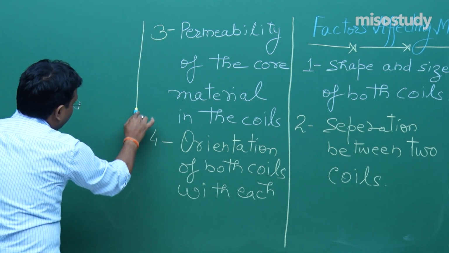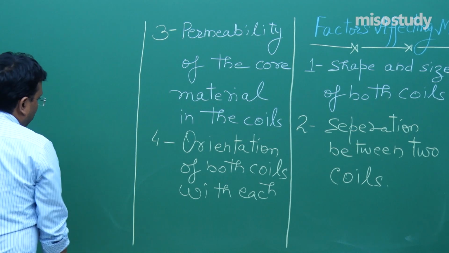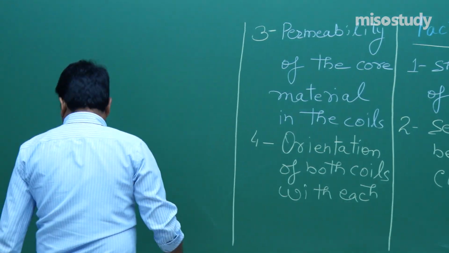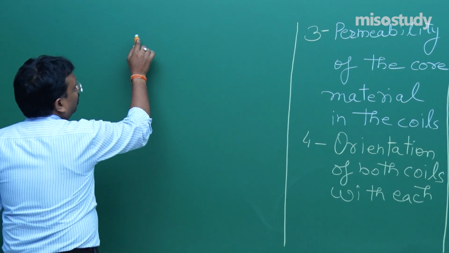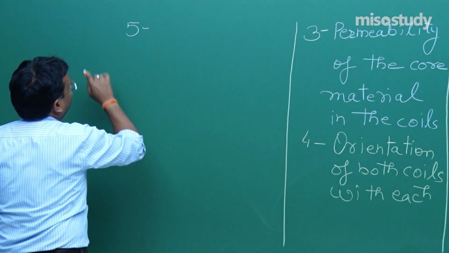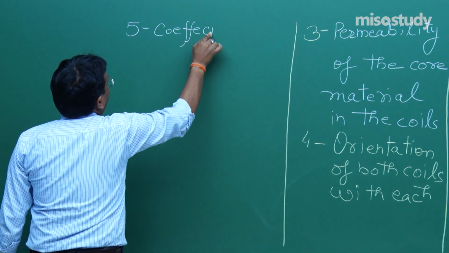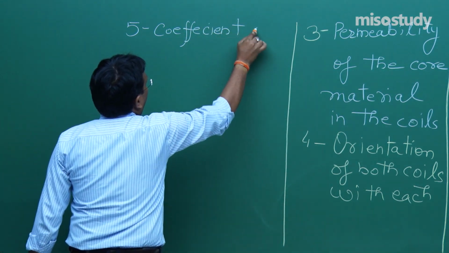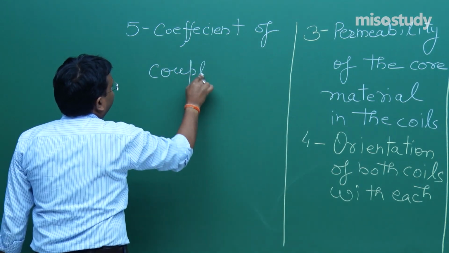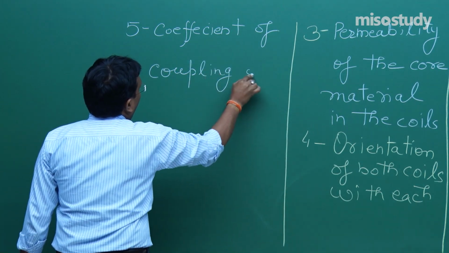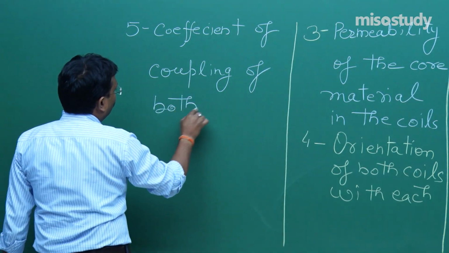Now, repeatedly I am telling you coupling of these two coils. So, I would like to mention directly the formula. Fifth point, that is coefficient of coupling of both coils.